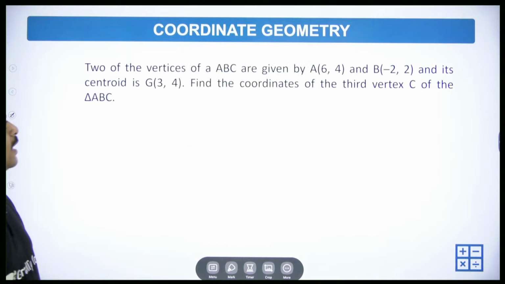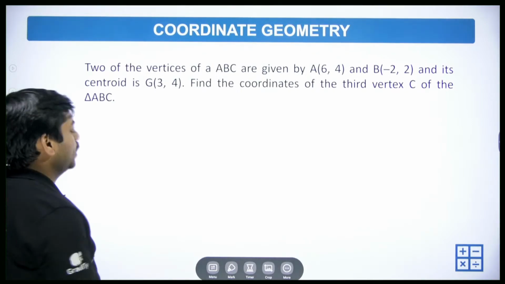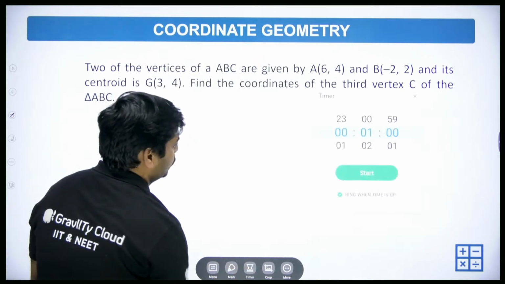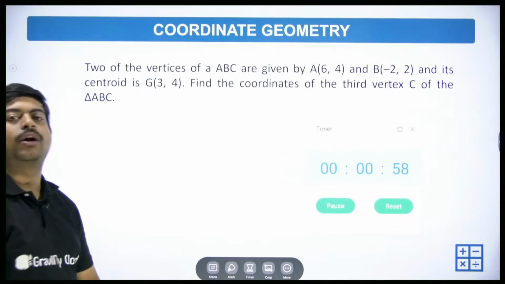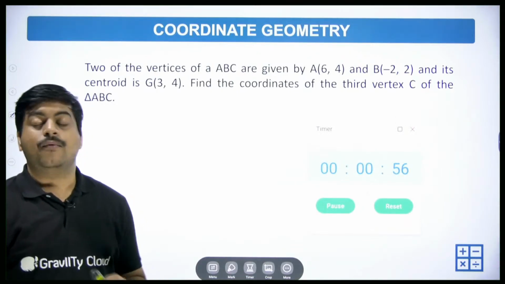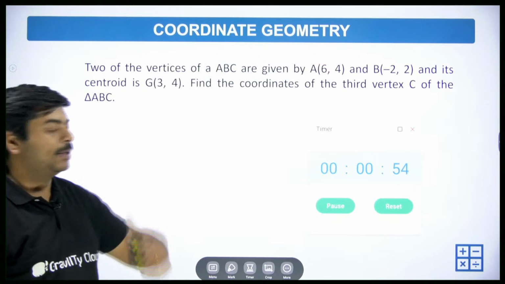Two of the vertices of triangle ABC are given as 6, 4 and minus 2, 2, and its centroid is given as 3, 4. Find the coordinates of the third vertex C of the triangle ABC. Please try to solve that quickly. Try to recall the formula for the centroid of the triangle when the vertices are given.